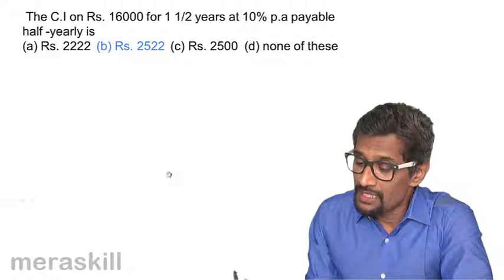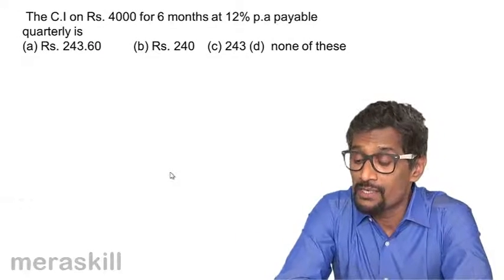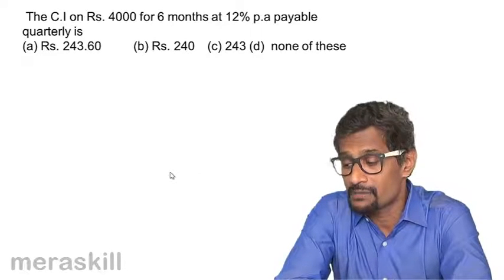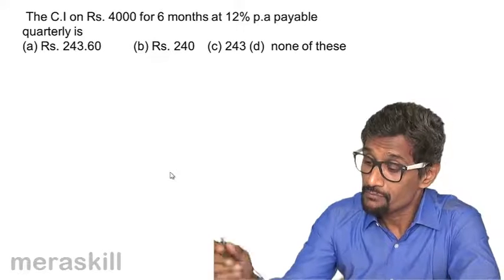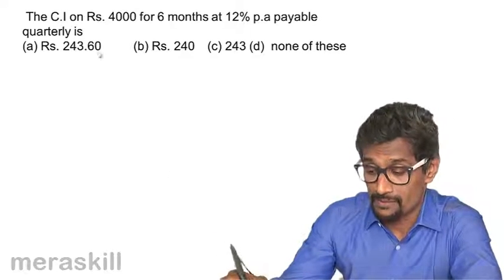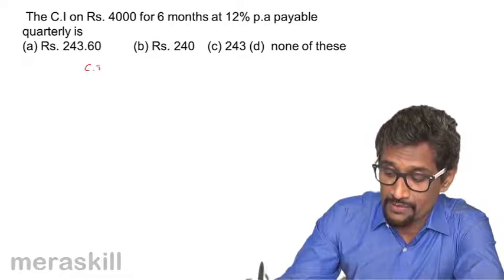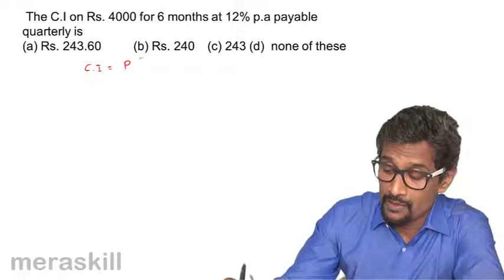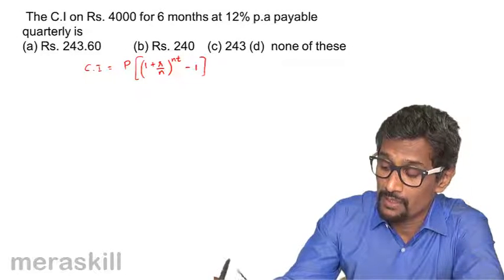Next in line is a situation like this. You have the compound interest on rupees 4,000 for 6 months at 12% per annum payable quarterly. For 6 months, the compound interest again is going to be P into 1 plus R by N raised to NT minus 1.